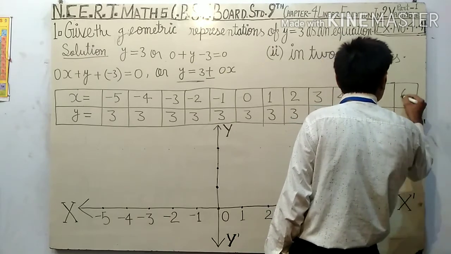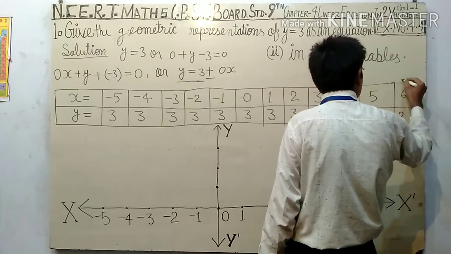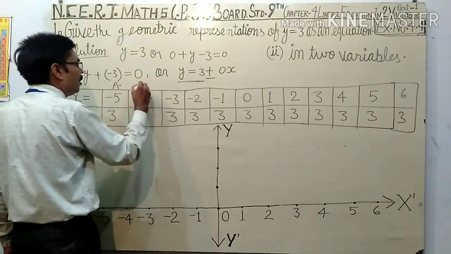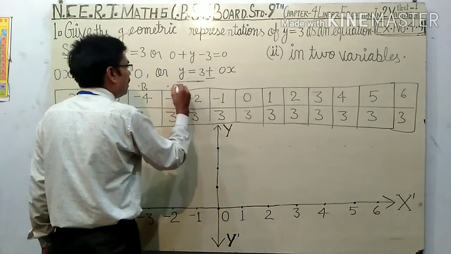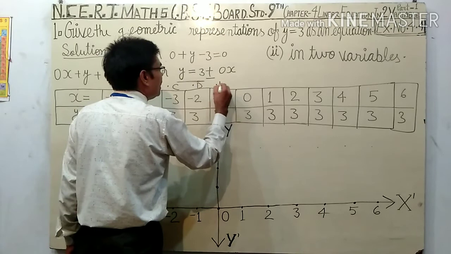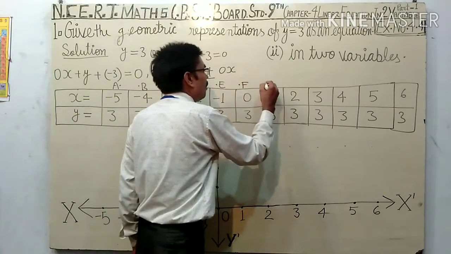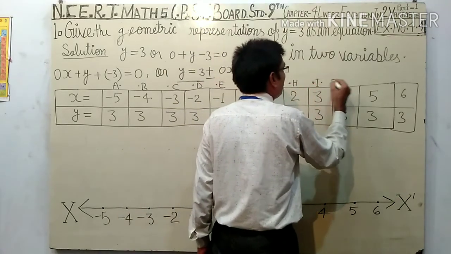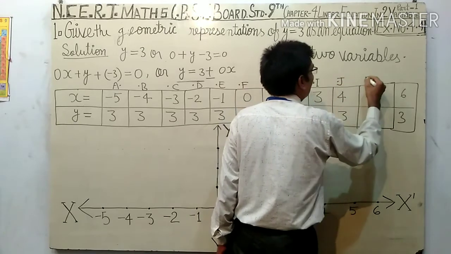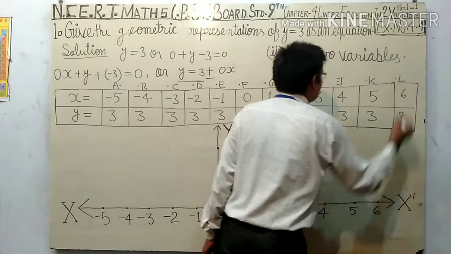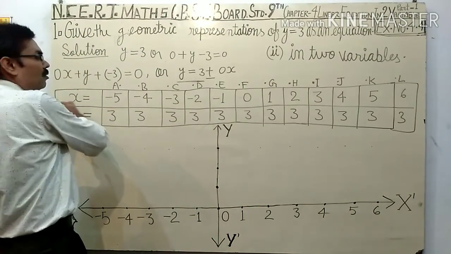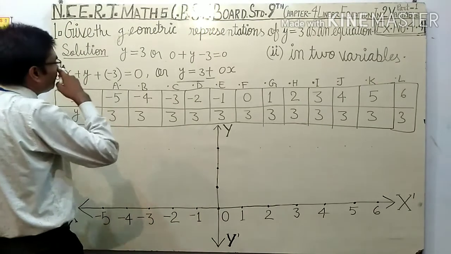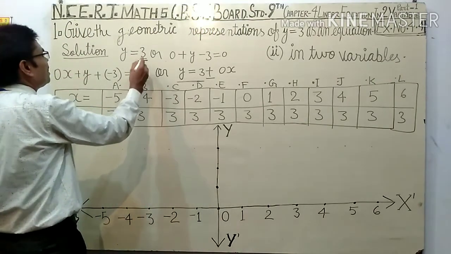Friends, if we name these points A, B, C, D, E, F, G, H, I, J, K, L, it is clear that no value of x can change the value of y because the value of y is constant, given already.